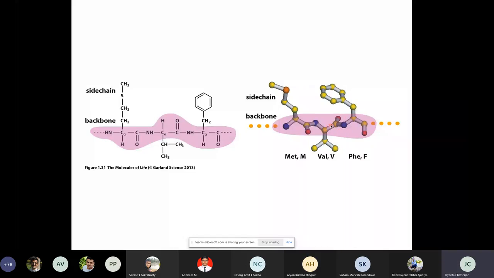Now what rotates? What rotates is the relative orientation of one plane with respect to the other. See, I said that this C alpha nitrogen is free to rotate. This is a sigma bond, right? So meaning that the plane that you have here can actually rotate in this manner.